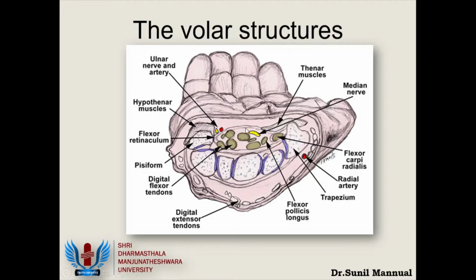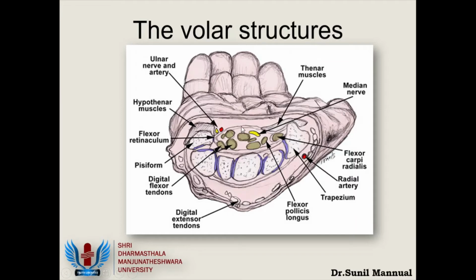What I want you to understand is that carpal tunnel syndrome is a very, very common condition, and these patients also present with varying degrees of wrist pain, although their predominant symptoms will be sensory symptoms in the hand.